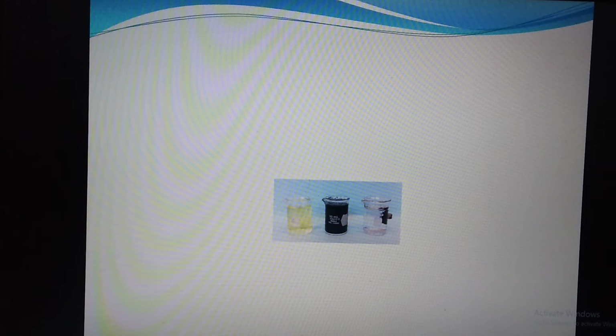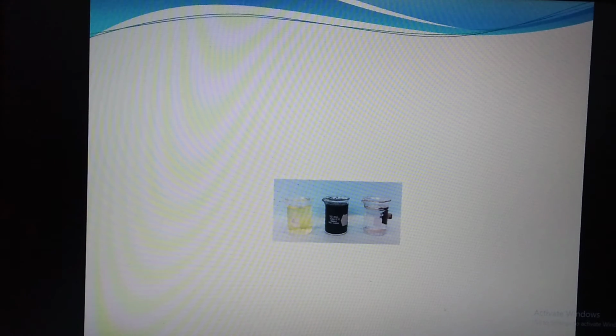If you increase the amount of charcoal in the third beaker, the adsorption will increase rapidly, and the time taken to adsorb the solutes will decrease. If you add only a little amount of charcoal, it will take more time and the adsorption will be less.